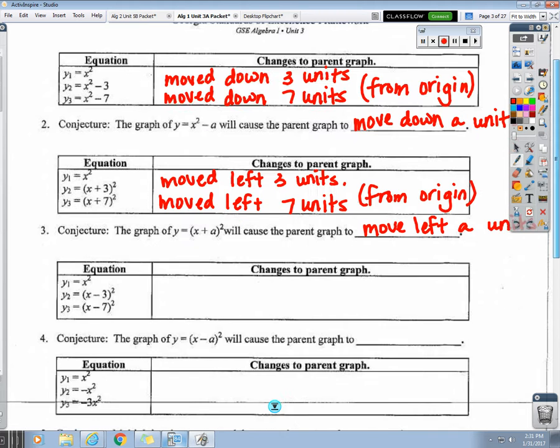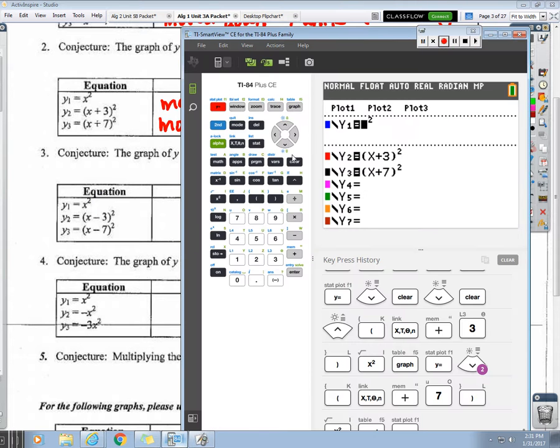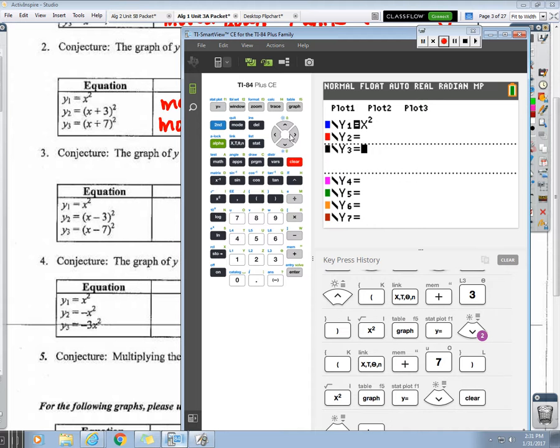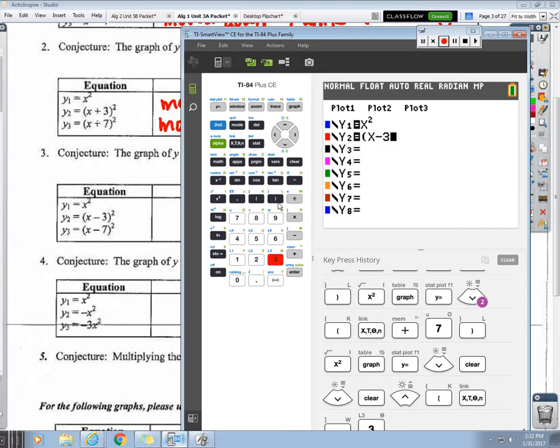Okay, now let's try the next one. Go ahead and type in y1, which should already be there. Type in y2. Y1 is just x squared, your parent function that's at 0, 0. And then y2 is x minus 3 squared.